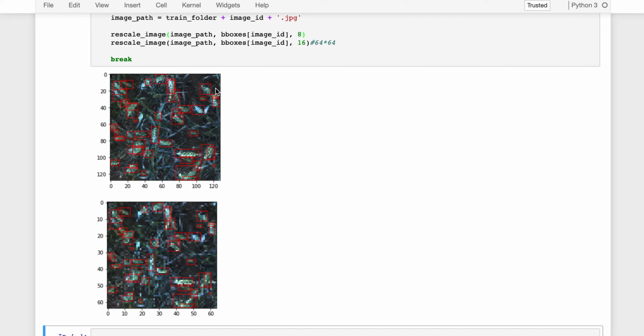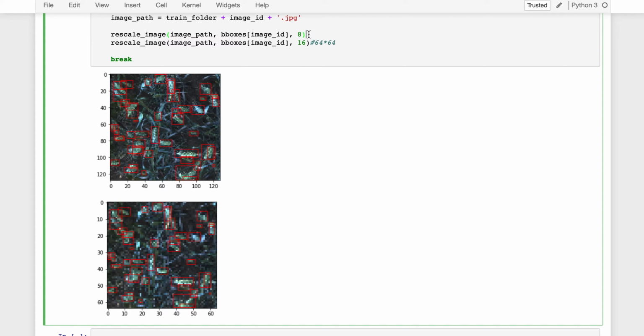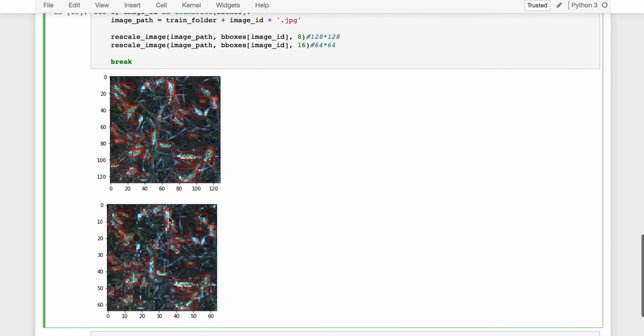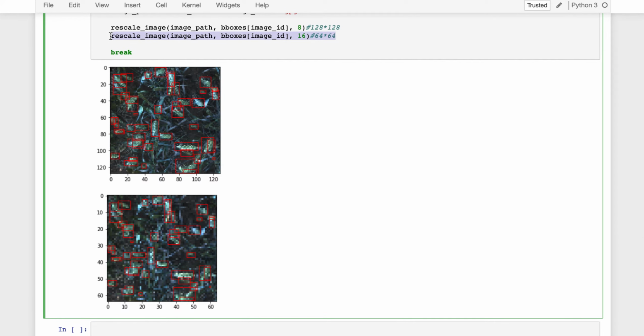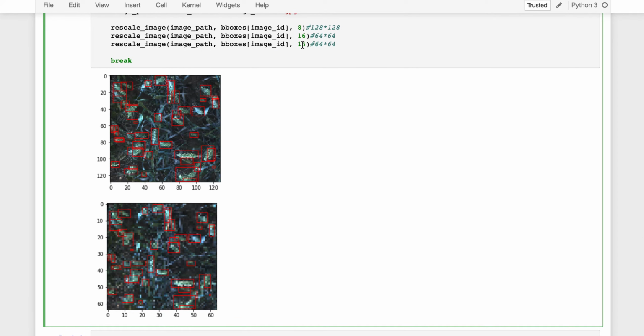This is still blown up, but not as blown up as it was before. And this looks pretty good. This still looks good. I would say that a neural network could actually go down a little bit further as well.